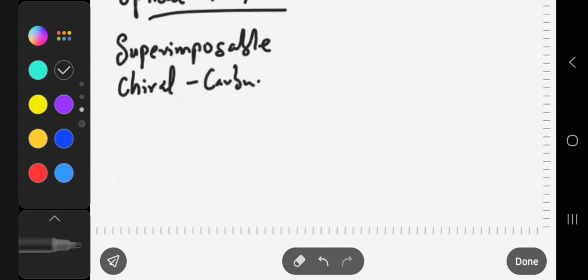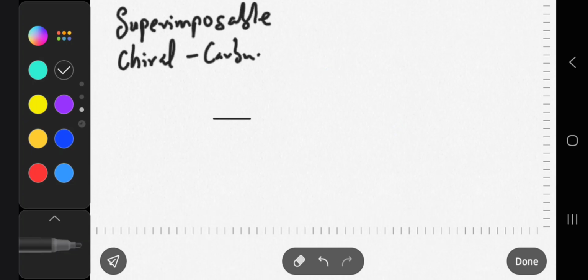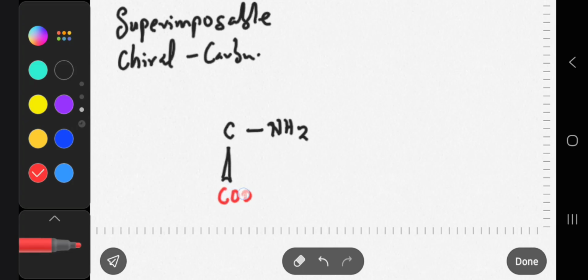Let's have a structure. Let me use alanine. Alanine is 2-aminopropanoic acid. So let's have something like this. A chiral carbon contains 4 different groups around it. So let's say we have NH2 here. Then let's say we have a carboxylic acid group here. Then let's say we have hydrogen over here.